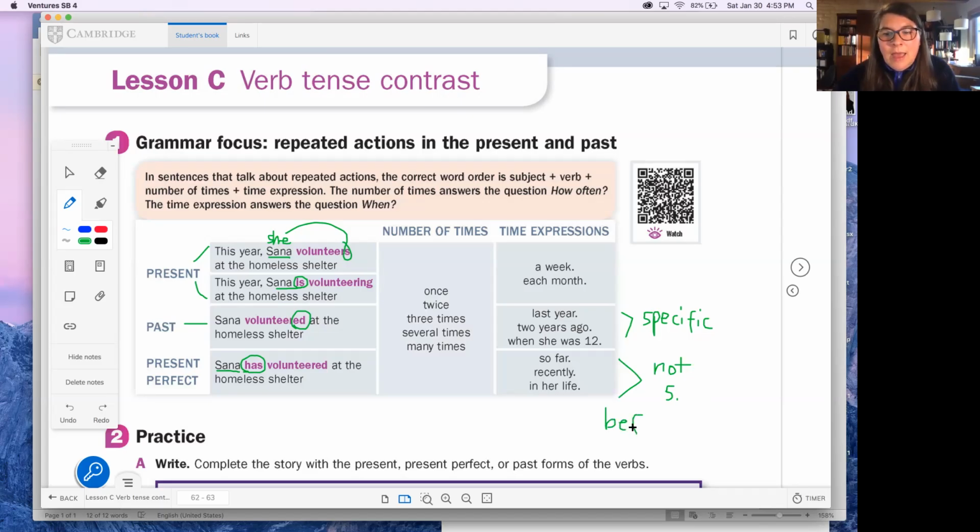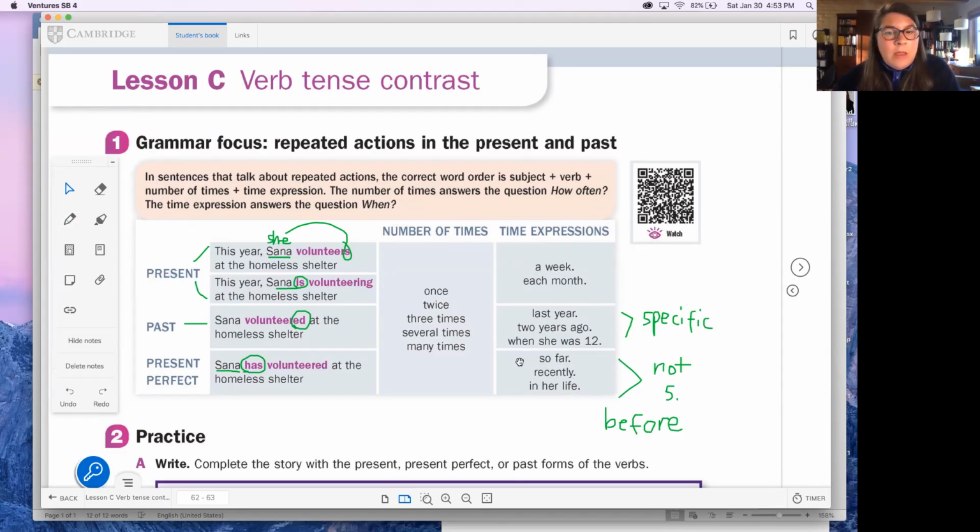If I say, I have volunteered before, well, when? Do you know when? No, you don't. It means before, but not specific, okay? I have volunteered recently means before. I volunteered last week is specific, okay?